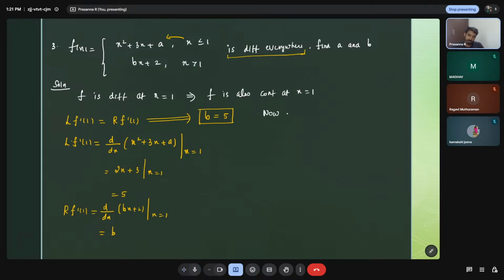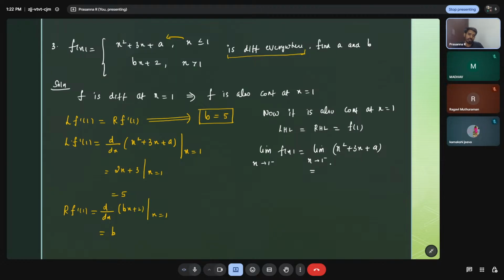Now it is also continuous. So my LHL, RHL and function value at 1 are all equal. It is continuous at 1 also, right? So limit x tending to 1 minus of f of x is limit x tending to 1 minus of x square plus 3x plus a.